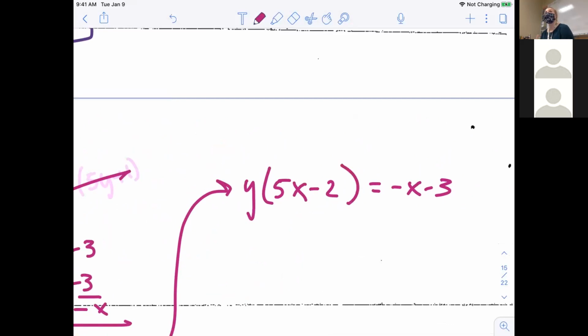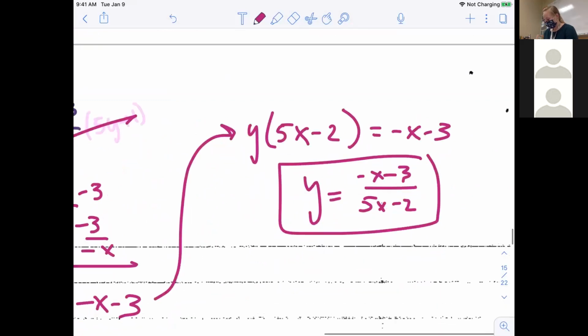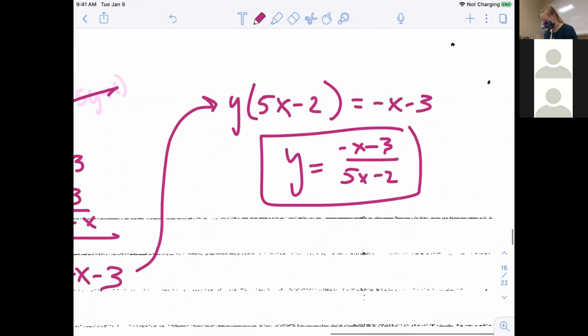And last, we want to get y all by itself, so let's divide by 5x minus 2. Y equals negative x minus 3 over 5x minus 2. And correct notation would be f to the negative first of x equals all this crazy fraction stuff.